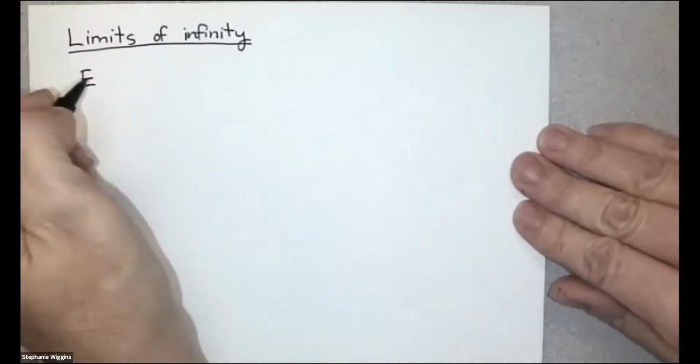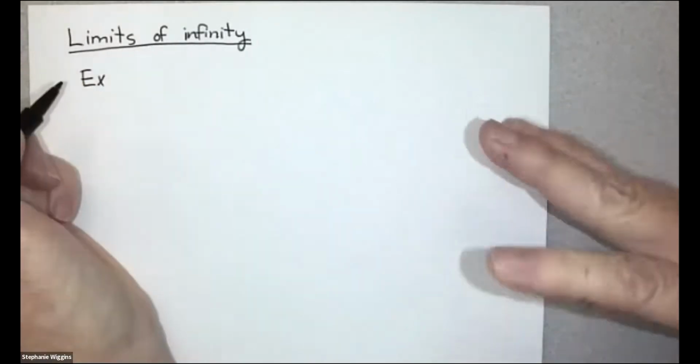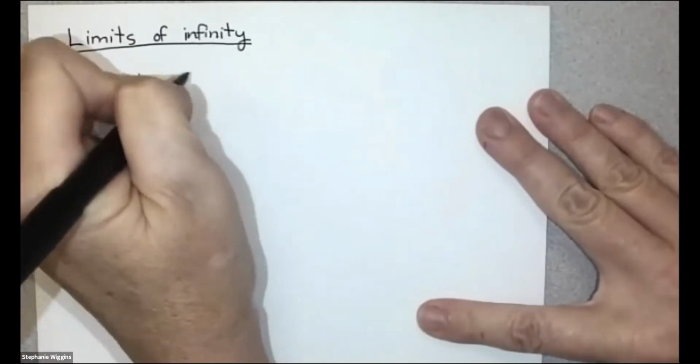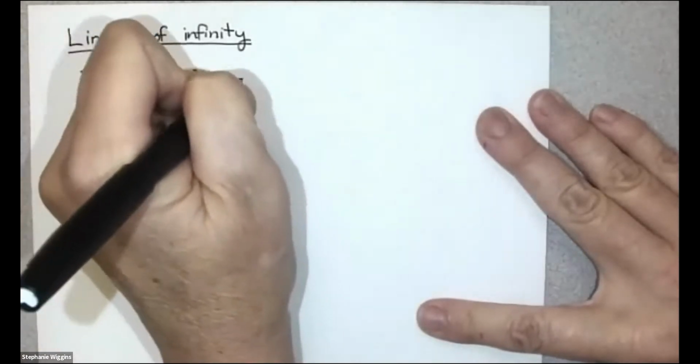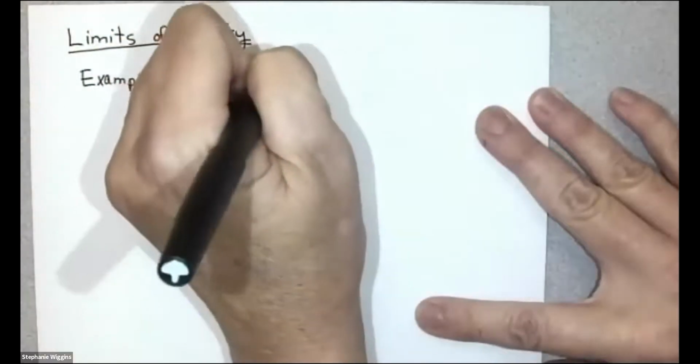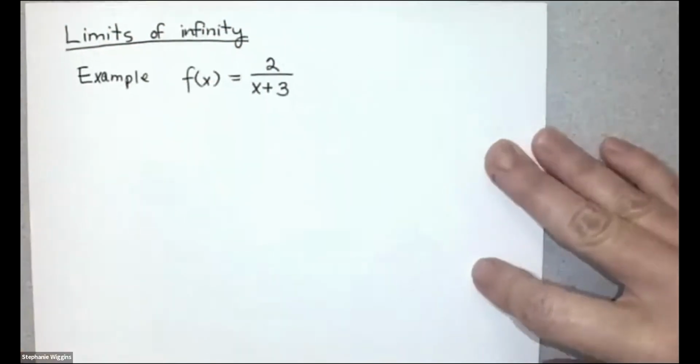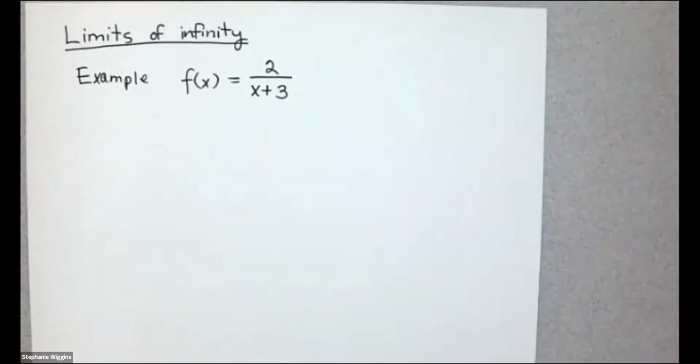Just like we did in the previous, an example is the best way to study this. So I'm going to look at the example, f of x equals 2 over x plus 3. And this one's a little bit different than our original example.